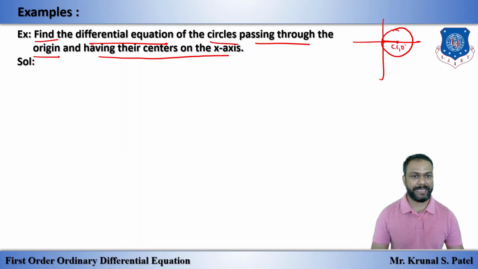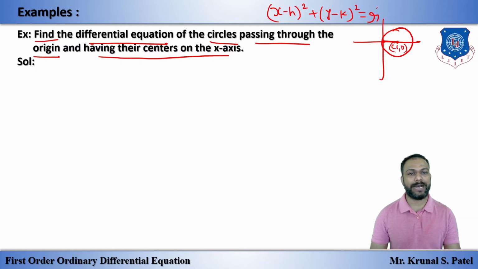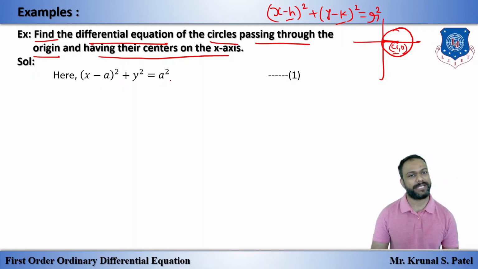If we consider (a, 0) as the center, then the radius is also a. And we know the equation of a circle: (x minus h) whole squared plus (y minus k) whole squared is equal to r squared. Here (a, 0) is our (h, k), and r is our radius, which is a. So the equation is (x minus a) whole squared plus y squared is equal to a squared.